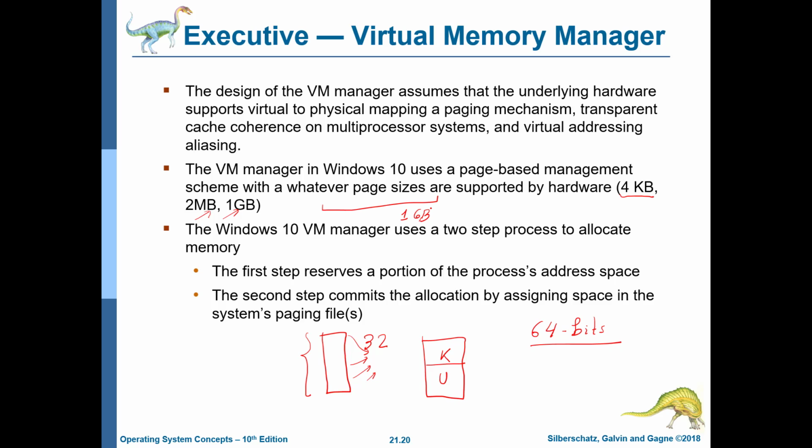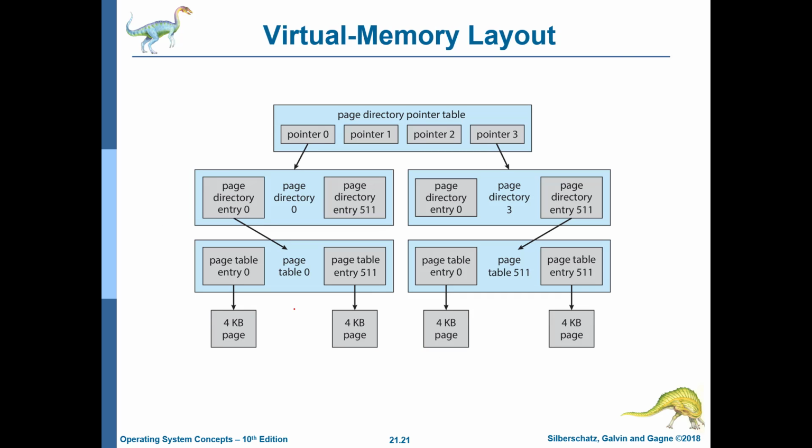Needless to say, any page table manager, including the Windows 10 VM manager, would first reserve a portion of the process's address space, the virtual address space basically. The second step would commit the allocation, in the sense that it will make a virtual to physical allocation by assigning space in the system's paging files, in the page tables basically.